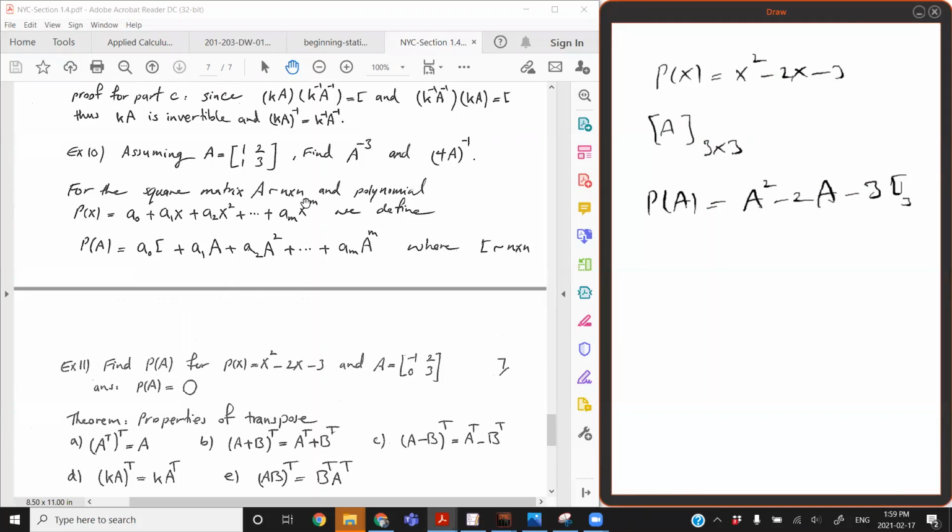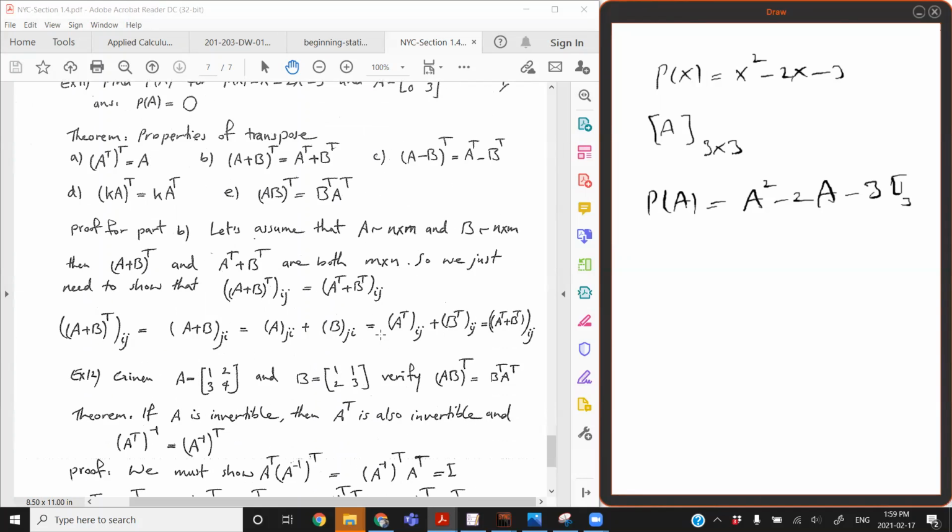For the square matrix A, which is n by n, and the polynomial of degree m, this is how we define P of A. So you just replace all the x's with A. However, A0 would be replaced with A0 times the identity matrix. And which identity depends on the dimensions of A. If A is n by n, then you're going to use In. Make sense?